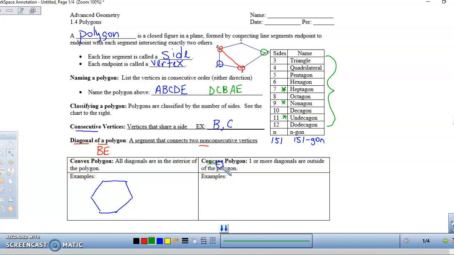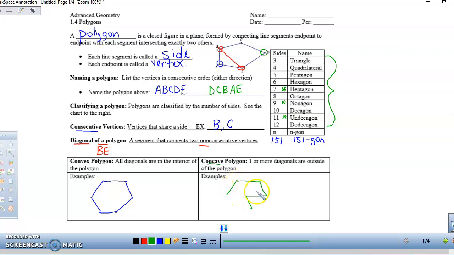Concave. Now that word cave is a really good hint that the polygon caves in. So technically, you have one or more diagonals that are outside of the polygon. But if I took this hexagon here and I started drawing it here and here, but then all of a sudden I had part of it cave in.